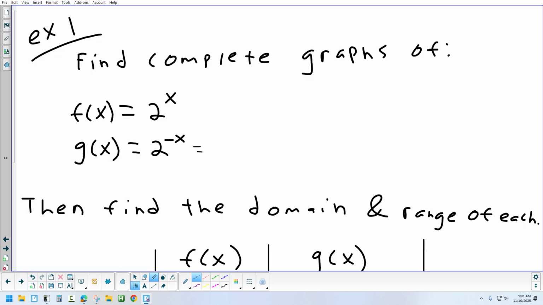This one, not so much. How could we rewrite that so it doesn't have a negative exponent? Yeah. 1/2 to the x. Right. That's the same as 1/2 to the x. And by writing it that way, it's going to make it very clear that this is a decay function, not a growth function.